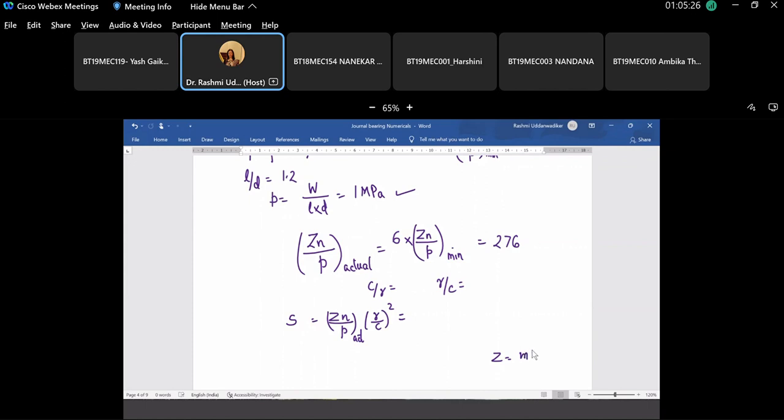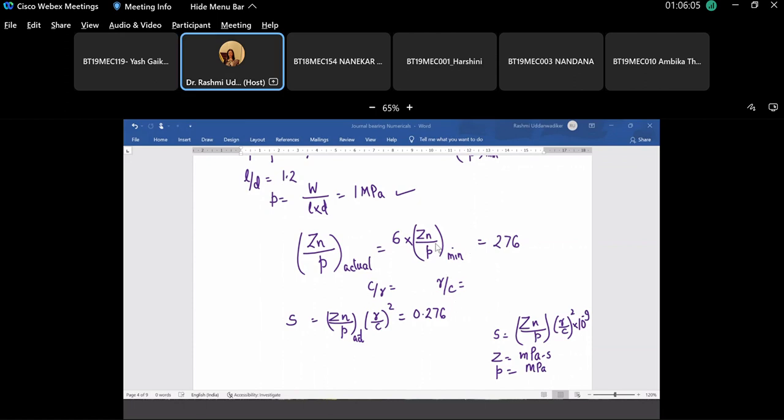If you are taking Z in millipascal second, and if your pressure is in megapascals, then your value of S would be Zn by P. This is also given in the data book. R by C whole square 10 raised to minus 9. Yeah, it is 0.276. This is correct. How did you get 1.5?